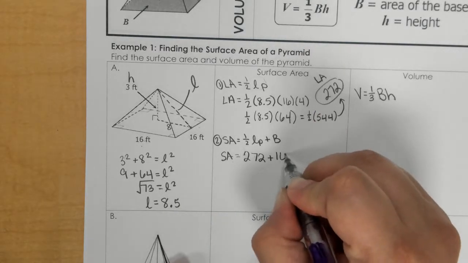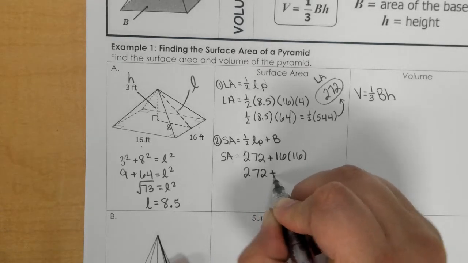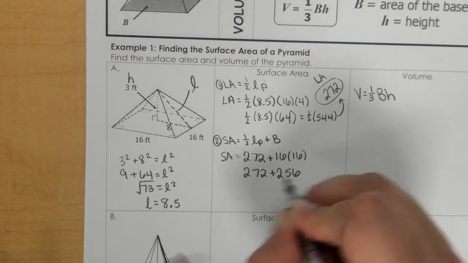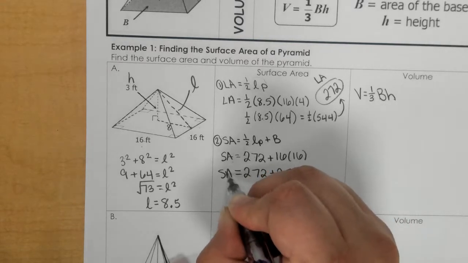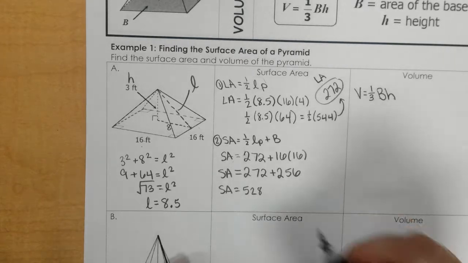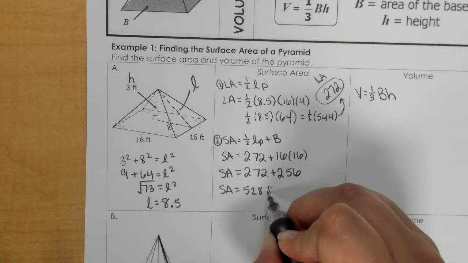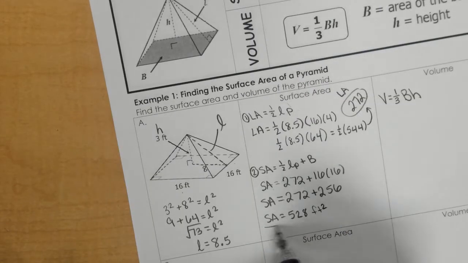So we would say 16 times 16. If I multiply that, we get 256. And we add, and our total is 528 feet squared. Okay, so that's my surface area.